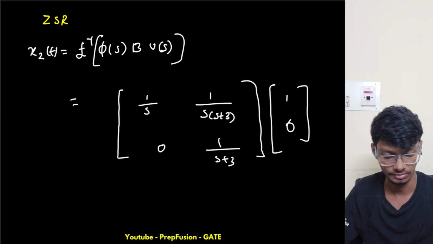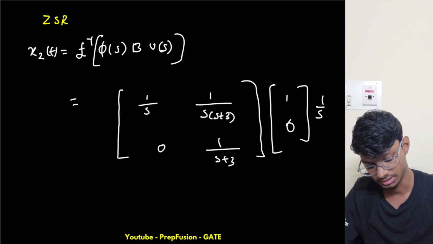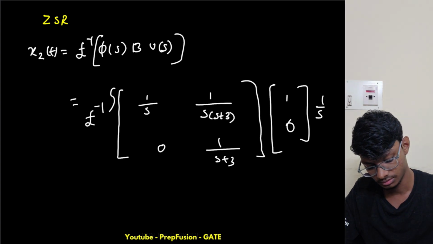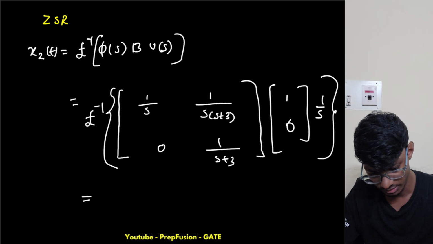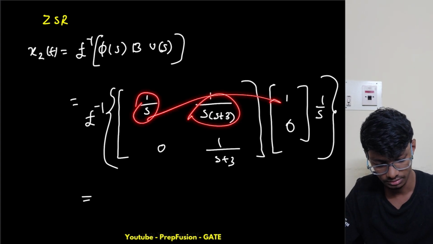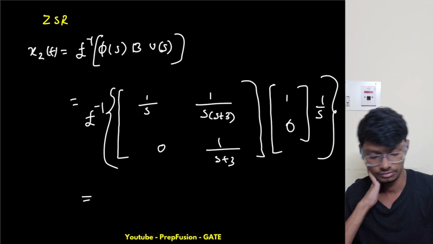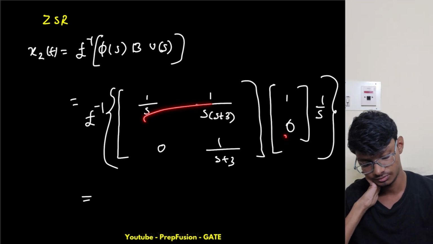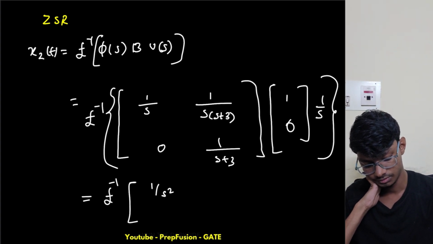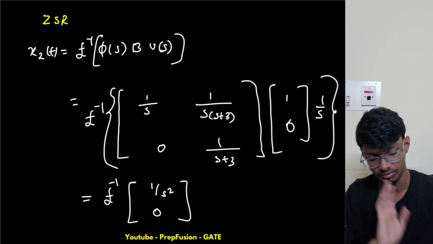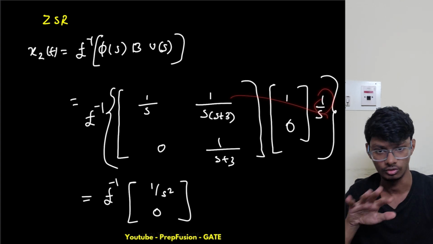It's a unit step, so it will be 1 by s, just a scalar thing, and I have to take the Laplace inverse of this whole thing. If I multiply 1 by s times 1, and this times this, this becomes 0 only, this is 1 by s only, so the first term becomes 1 by s square only, and the second term becomes 0 only. 1 by s I have already multiplied.